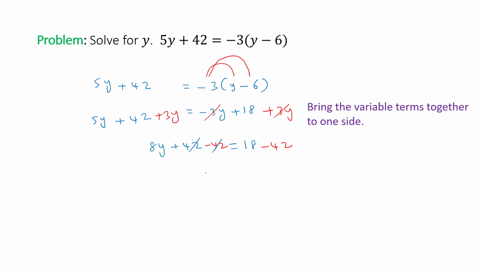Now you have 8y, that is equal to 18 minus 42, negative 24. You have 8y, you need y. So divide the 8 out. Now you can cancel 8, and you have y, that is equal to negative 24 divided by 8, negative 3. This is the solution.